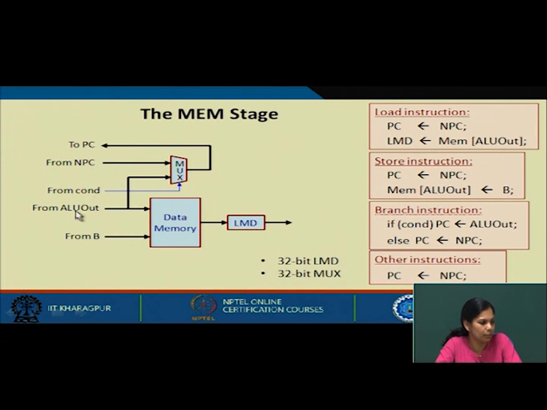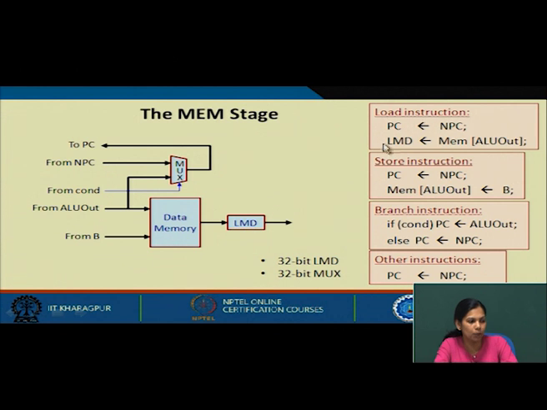This comes from ALU out, because sometimes for immediate data operation, we have seen that an immediate value is added with some register value, and then that is available in ALU out, and then that ALU out is put into the data memory and it is fetched from there. So in this case, the ALU output will be put into the data memory, and then the value will be read, and can be stored in LMD.